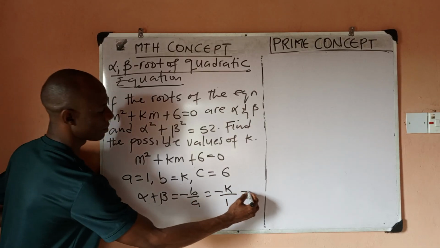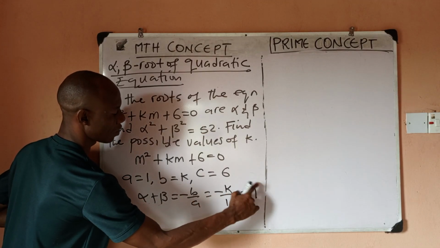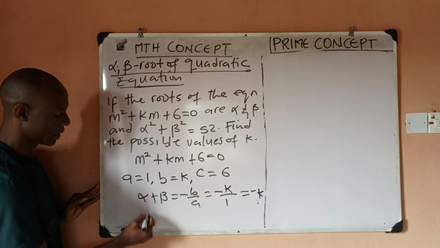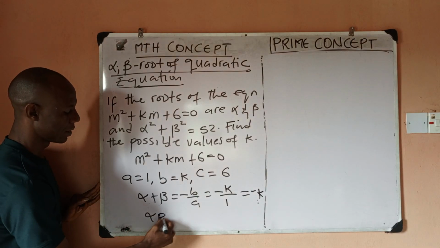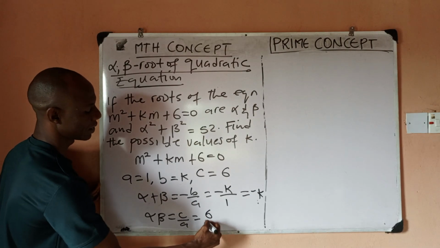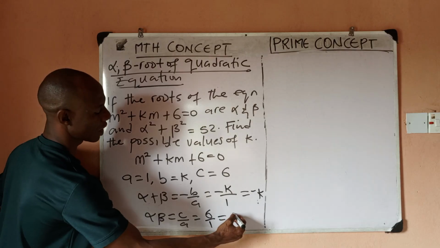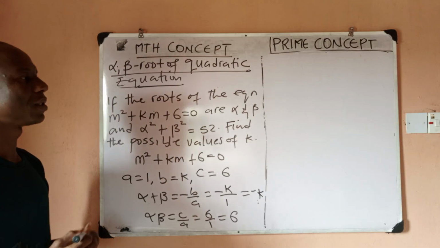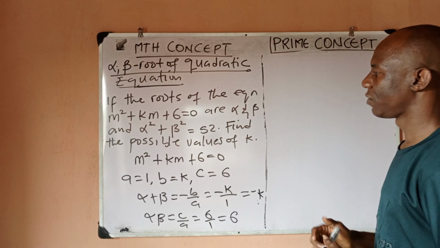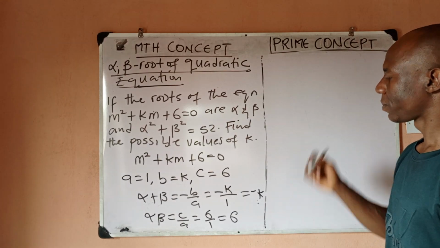So it means that my alpha plus beta is just equal to minus k. So take note of that. Then next is alpha beta, which is c over a. My c is 6, my a is 1, so I have 6 as alpha beta.